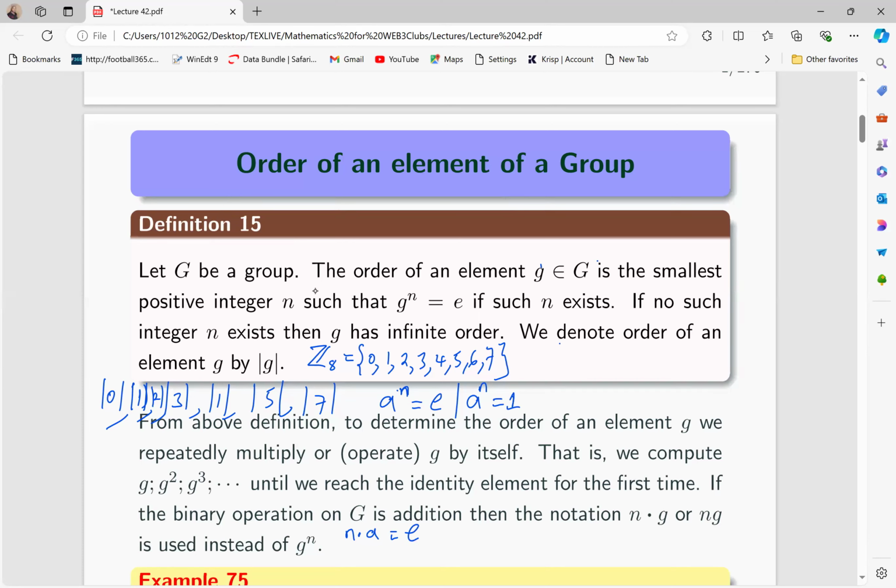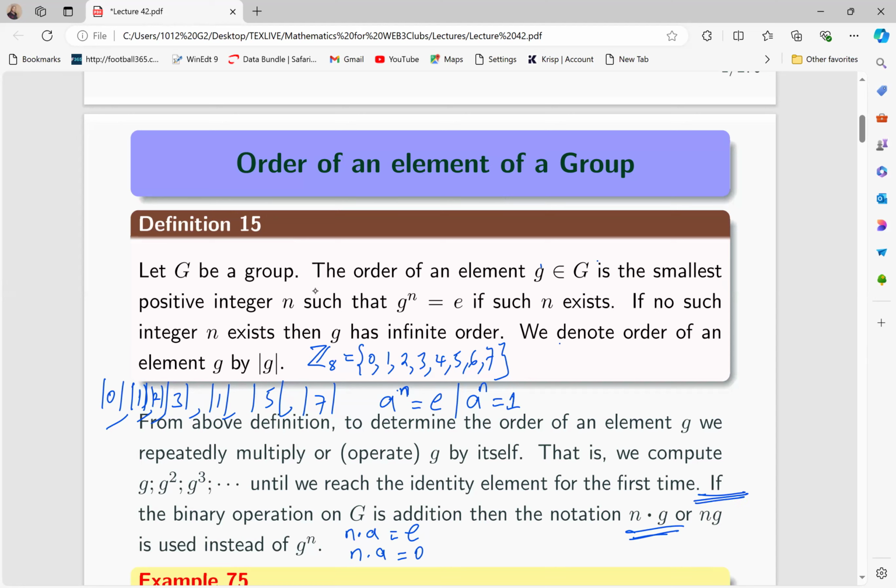The identity element under addition is 0. So we are asking, what is the smallest n that, when multiplied by A, gives you 0? So that is what it means. And that's what I've given here as the definition.